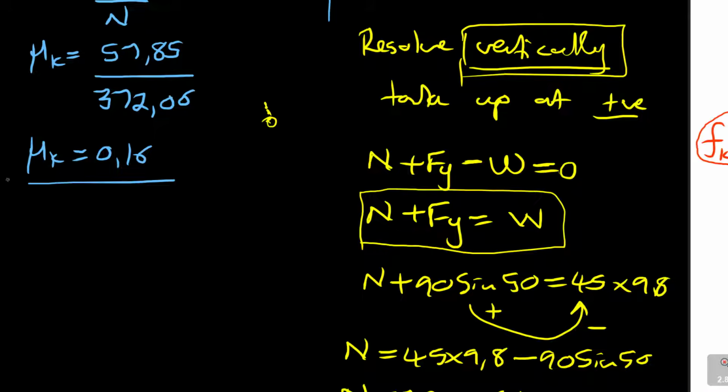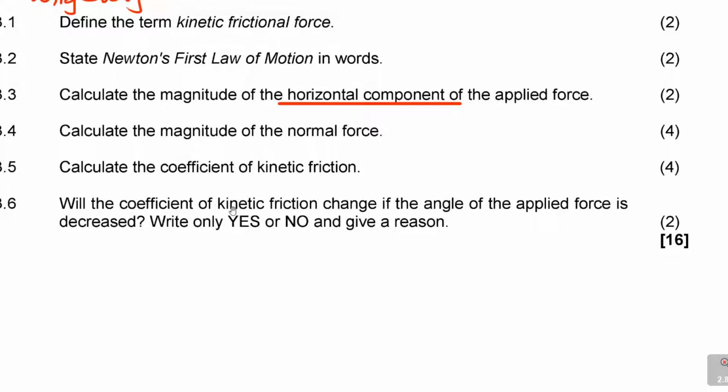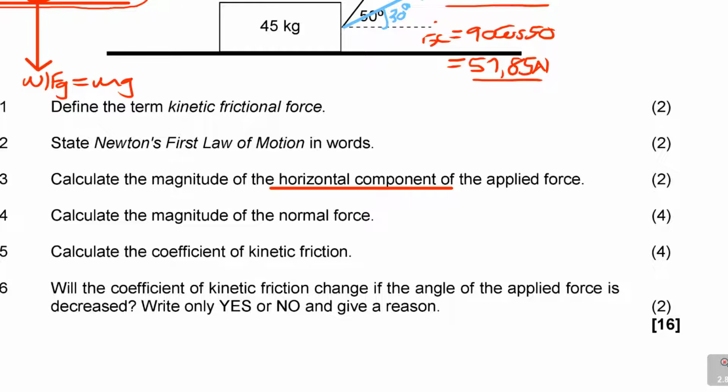And then the next question says, will the coefficient of kinetic friction change if the angle of the applied force is decreased? So they're saying if this angle of the applied force is changed, maybe you make it like this, so that the angle is now around 30 degrees, will the coefficient of kinetic friction change?